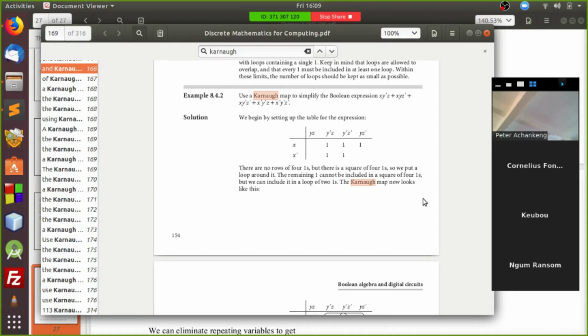But here you have yz, y prime z, and then y prime z prime, and then yz prime. The order is very, very important. If you change the order, many things will go wrong in your life.